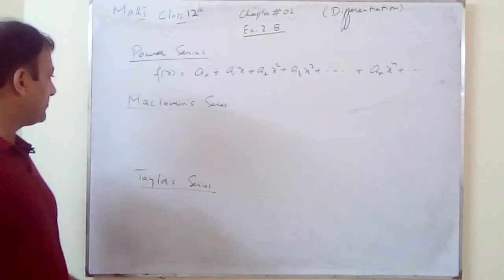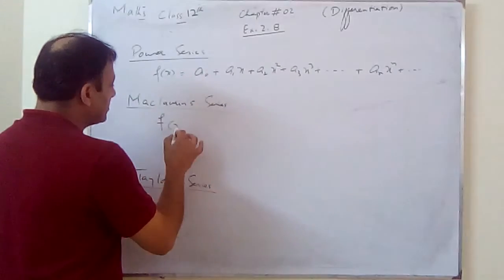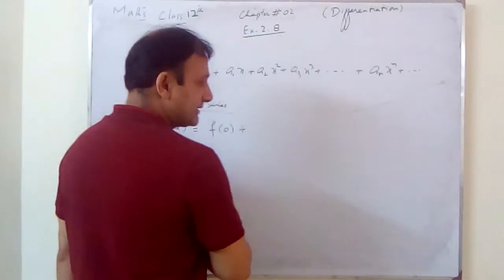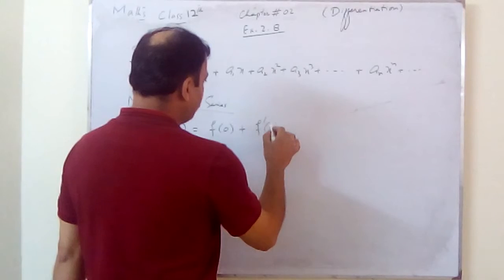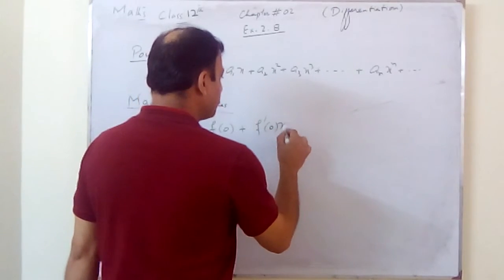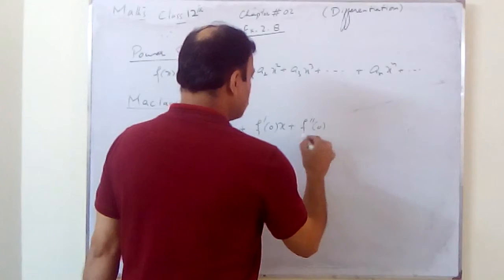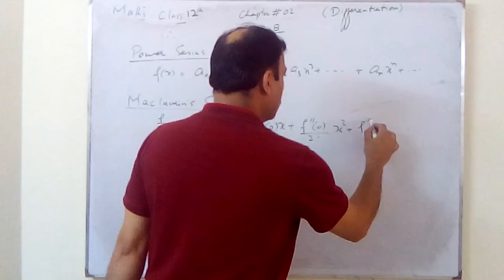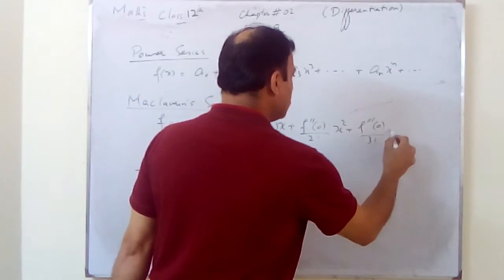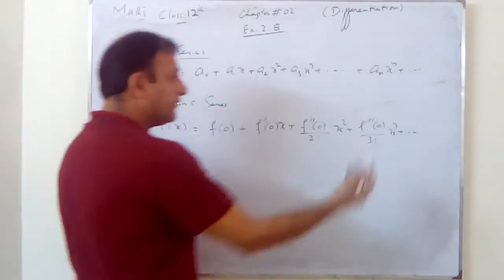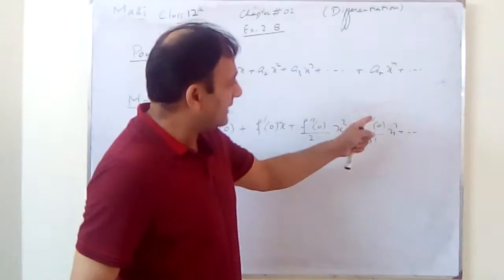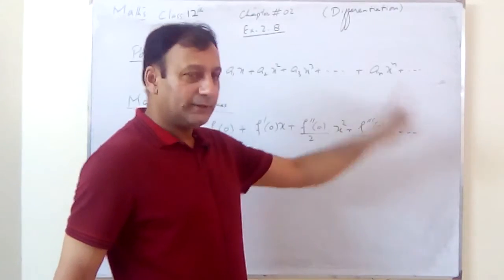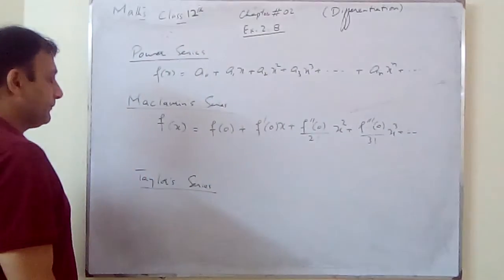Here f of x is equal to f of 0 plus first derivative of 0 into x plus second derivative divided by 2 factorial x square and so on, third derivative of 0 divided by 3 factorial x cube plus so on. In general, we can write nth derivative of f of 0 divided by n factorial into x power n. This will be the general term.